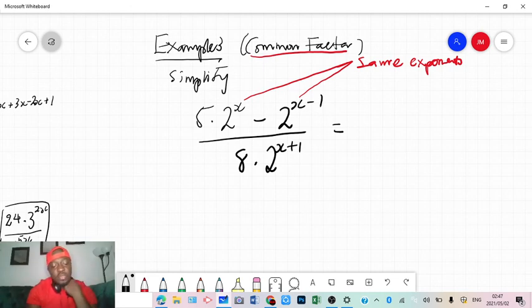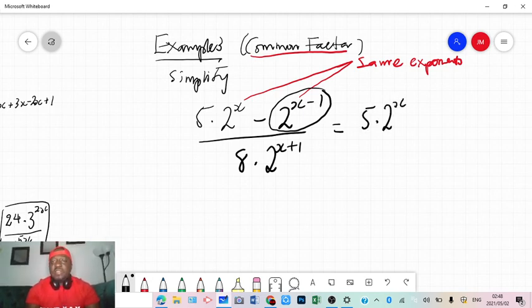First of all, you must reverse this term here. You must reverse this in terms of the law that we have applied, the multiplication law. When you have two bases that are multiplying, you add their index.